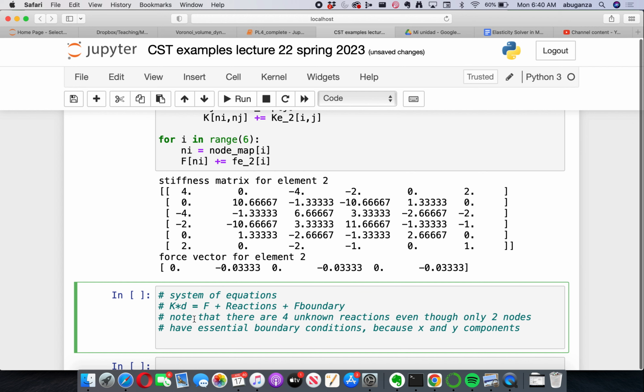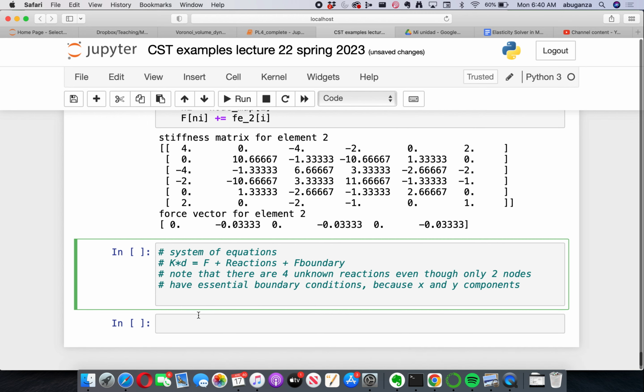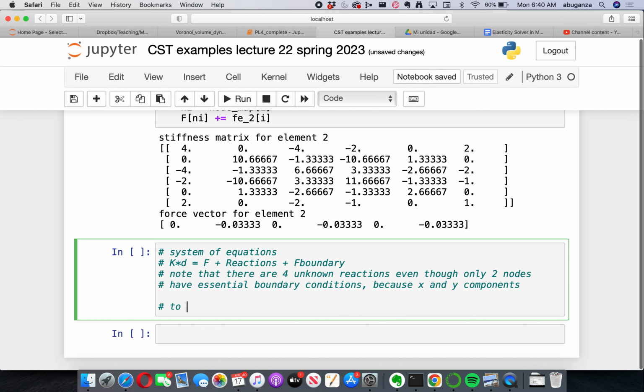That means that if we want to partition our system, we can do the same thing that I usually do.